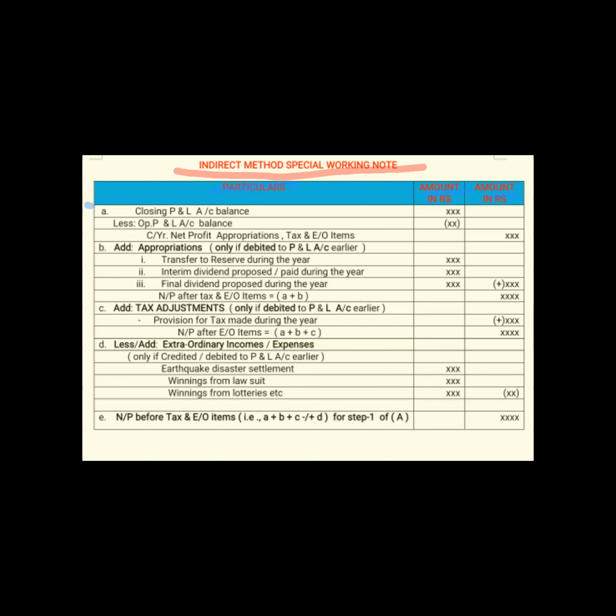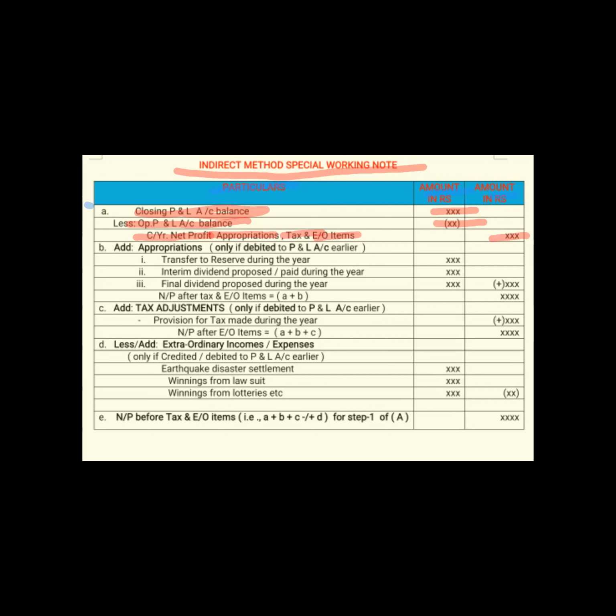We will take that from the closing P&L balance. If we deduct the opening P&L balance from the closing, closing minus opening, you will get current year net profit after appropriations, tax and extraordinary items.